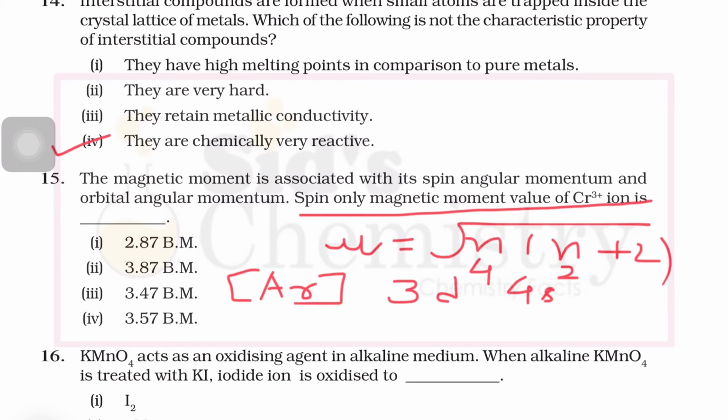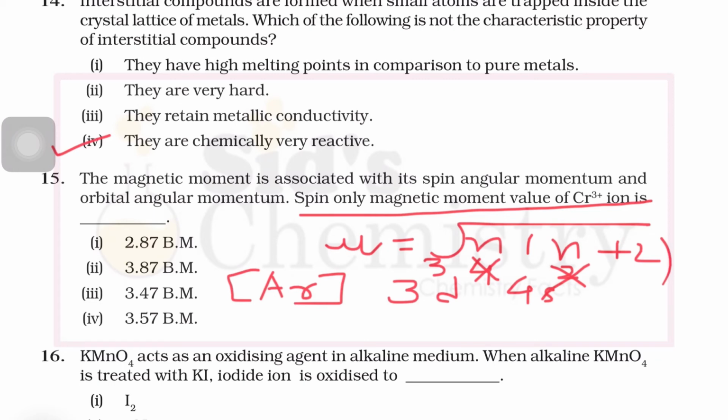Now when we remove 3 electrons from this, Cr3+ ion will form. So 2 electrons from the 4s orbital and 1 electron from the 3d orbital get removed, and then the total number of electrons remaining is 3.